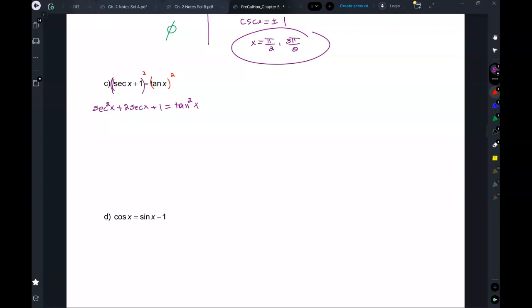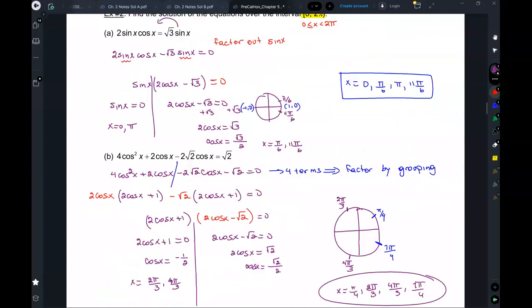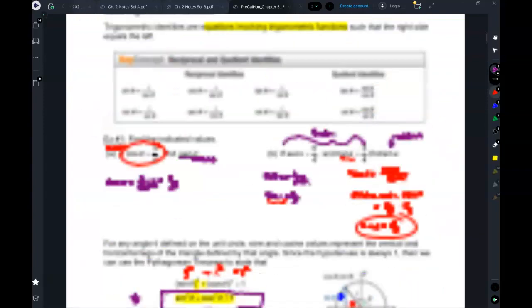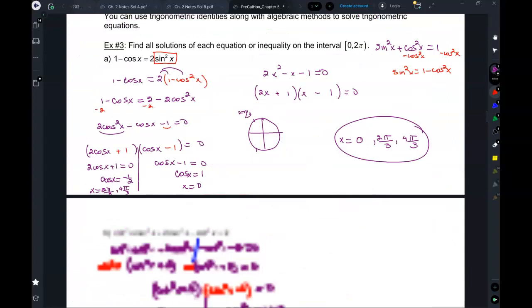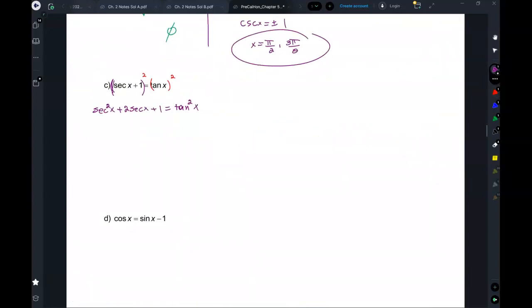However, what is tangent squared equal to? Secant squared x minus 1, right? So go back and look. Tangent squared x is equal to secant squared x minus 1. So that's what we're going to do, is we're going to substitute there.